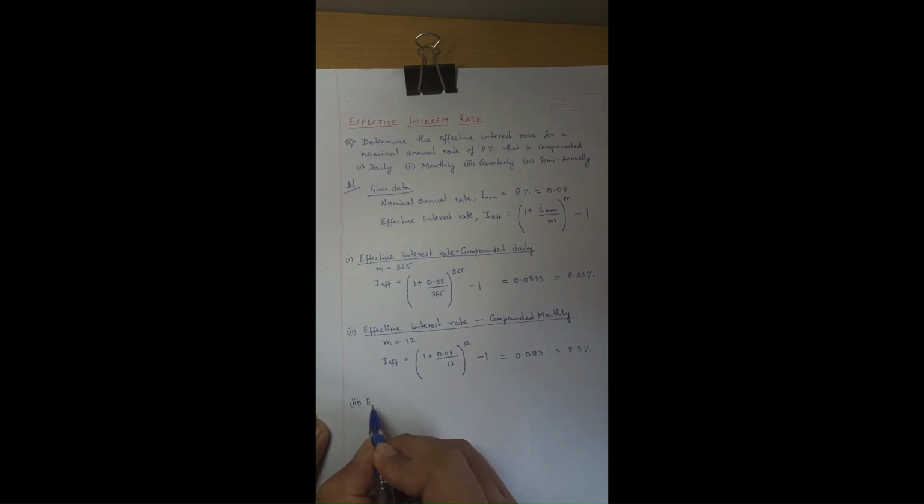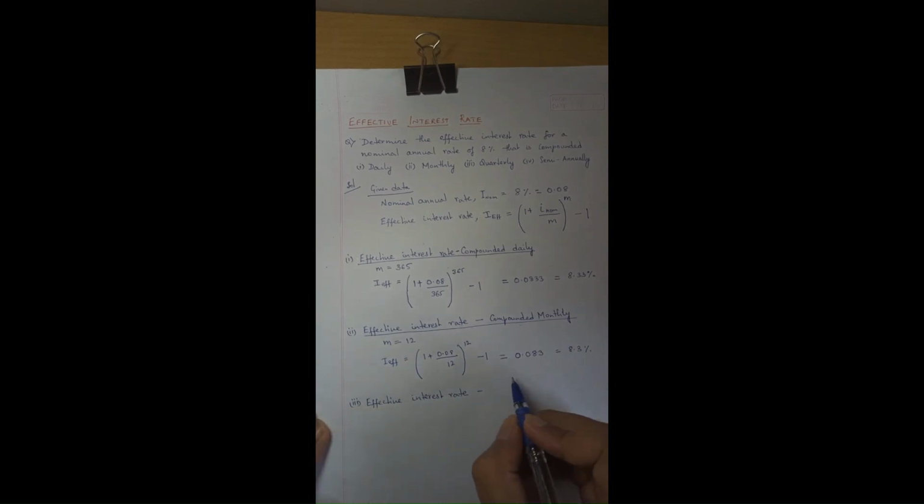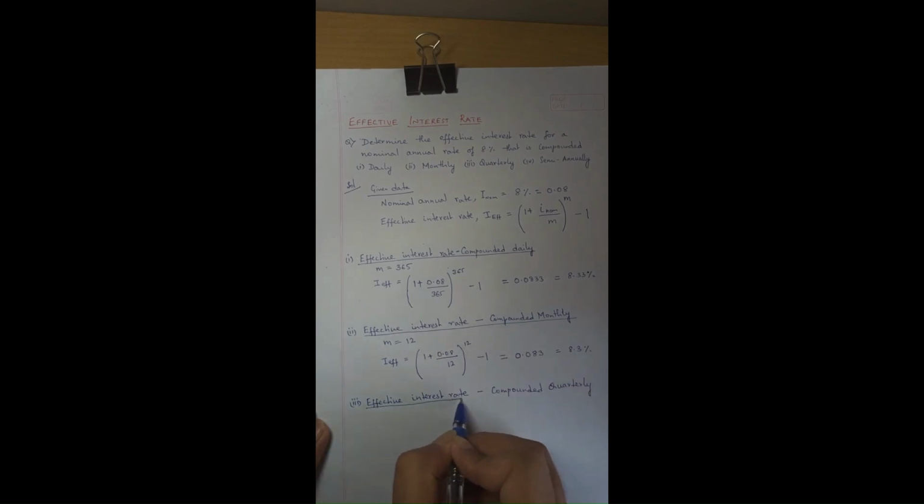Now the third part, the effective interest rate if the nominal interest rate is compounded quarterly. I will calculate the value of M. Quarterly, so we are going to divide the whole year into 4 parts.